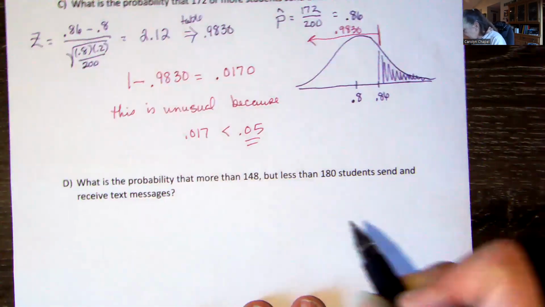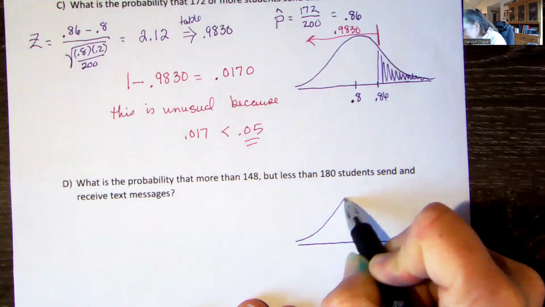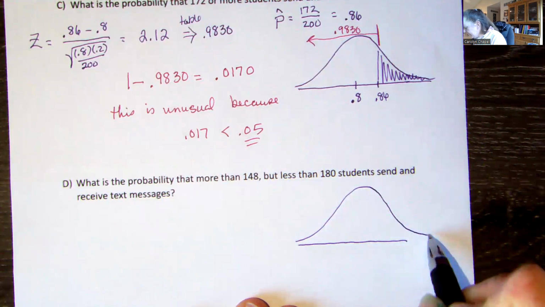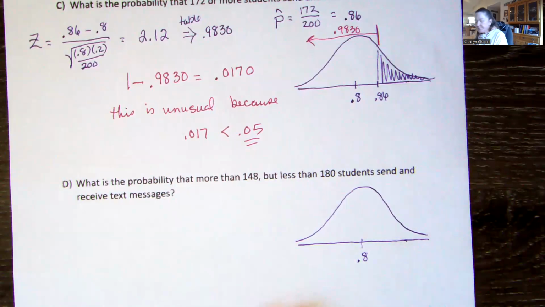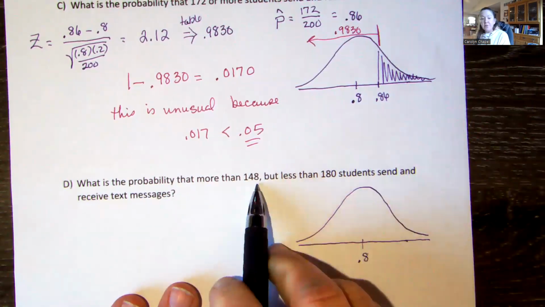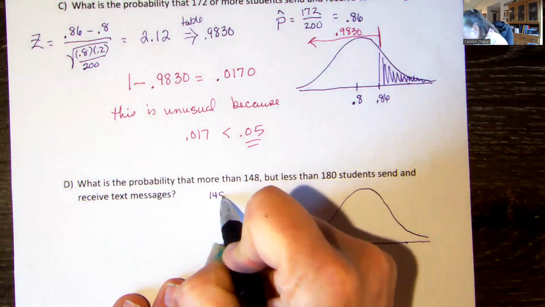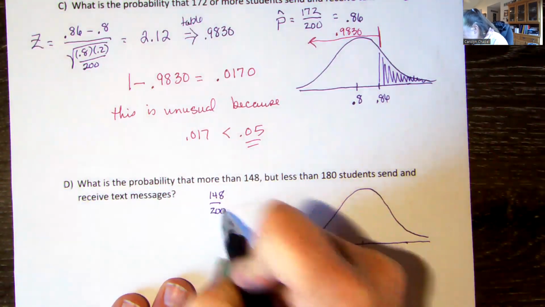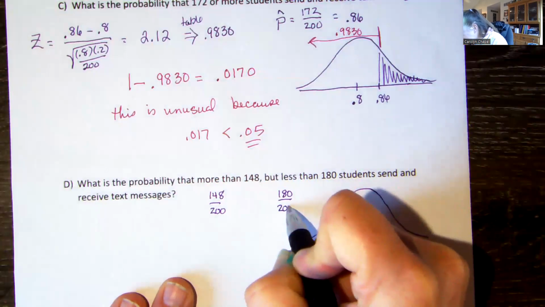So again, I'm going to be calculating some pieces here because I do want to put them in my picture. Here's my 0.8. I need to turn those into proportions as well. So I'm going to take that 148 divided by my 200, and the 180 divided by the 200.